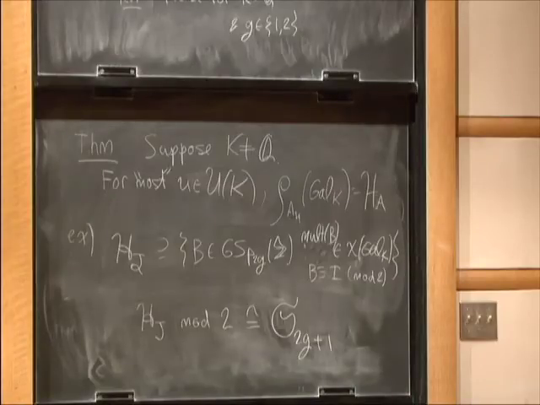So C over K, a hyperelliptic curve, of genus G. We have our Jacobian. And suppose we're in this, what I call a generic case, where the image is this guy.